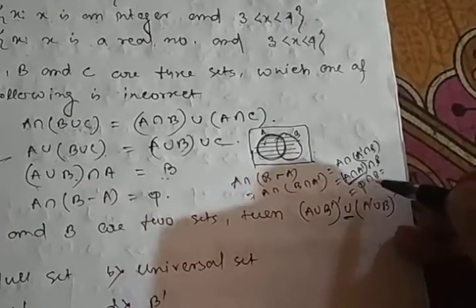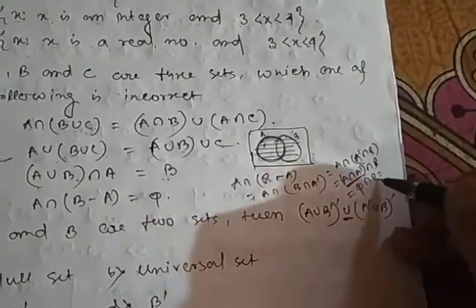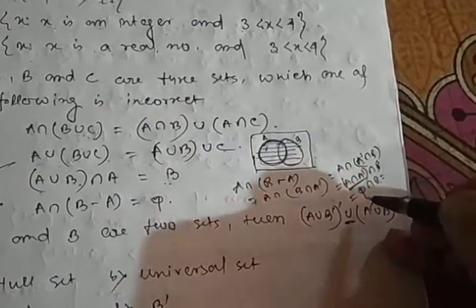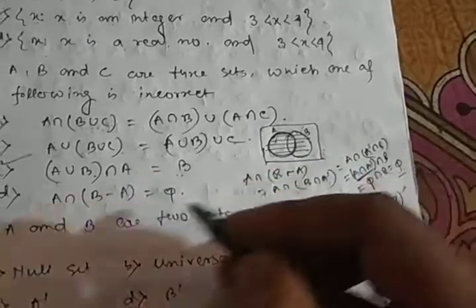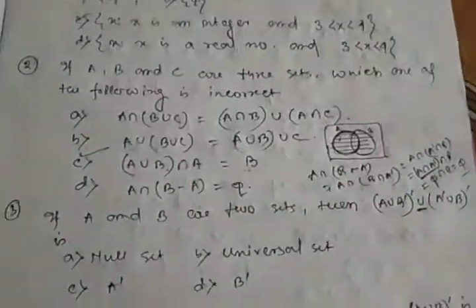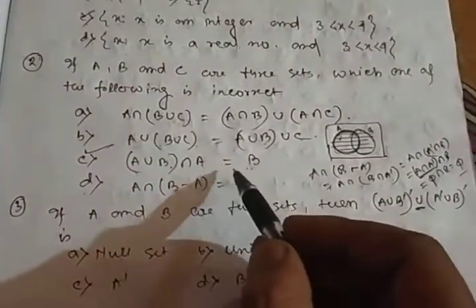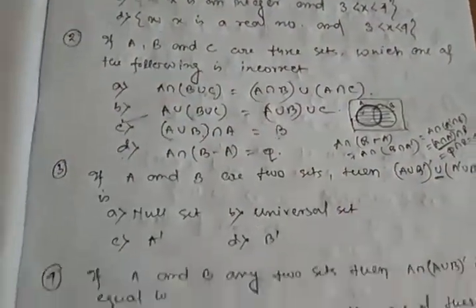Also phi intersection B: the intersection of any set and the null set is also the null set, so this is also a correct statement. So the incorrect statement is A union B intersection A equals B, so the answer will be C.